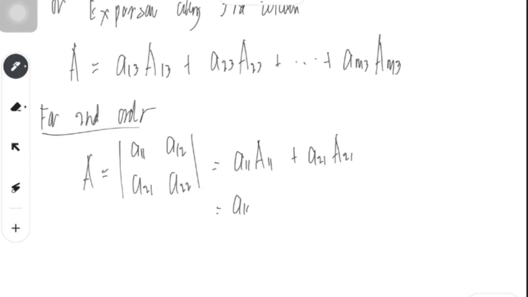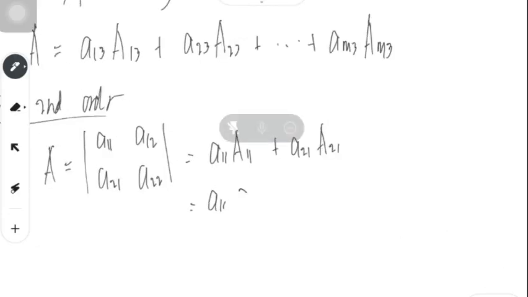Saglit lang, ha? So, ano yung minor 11 natin? We're going to delete the row and column containing the element A11. Delete the first row and the first column. What will be left is A22. Do you agree?